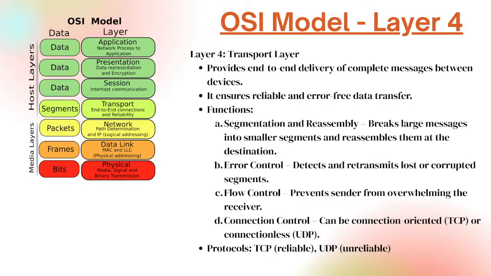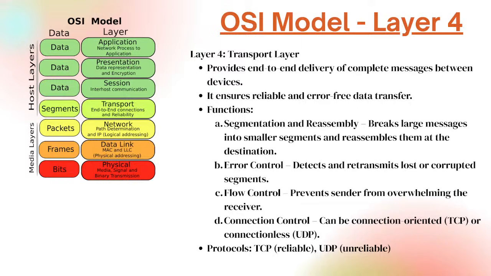This is very important. If the sender sends information too fast for the receiver to handle, segments or packets can be lost, and information can be lost. That should not happen, so this is also done by the transport layer.